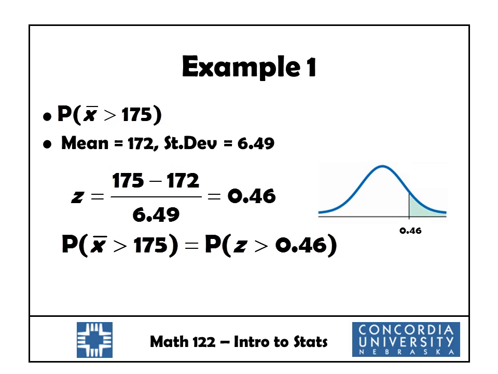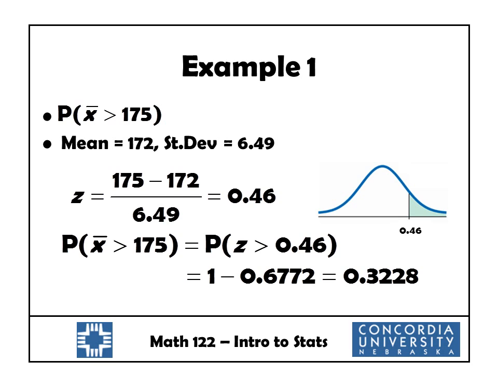So now, the probability that x bar is greater than 175 equals the probability that z is greater than 0.46. Again, just like in the last section, we went from a non-standard normal distribution problem over to a standard normal distribution problem. So on my standard normal bell curve, I draw a vertical line at 0.46 and shade to the right because I'm interested in z greater than 0.46.